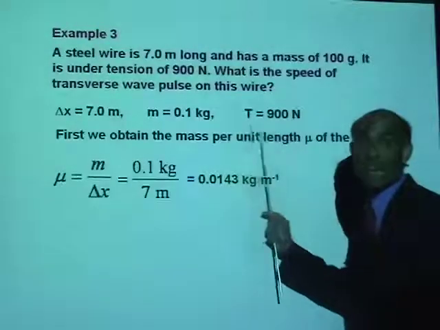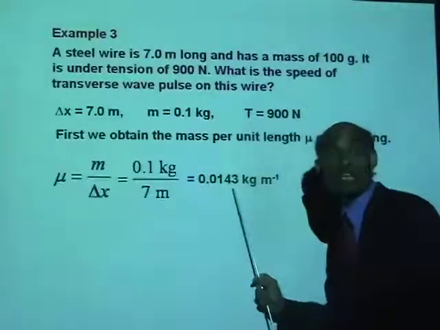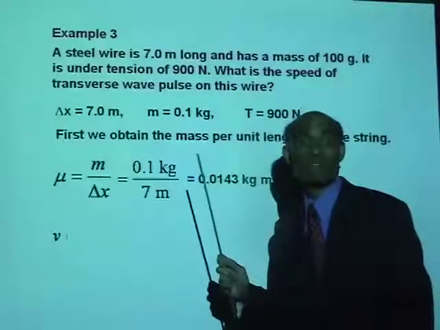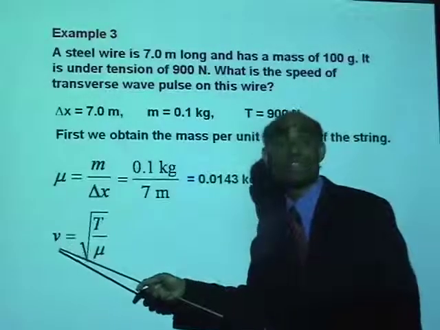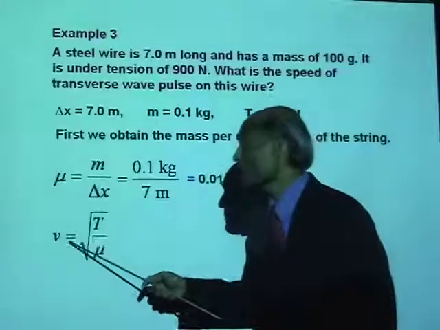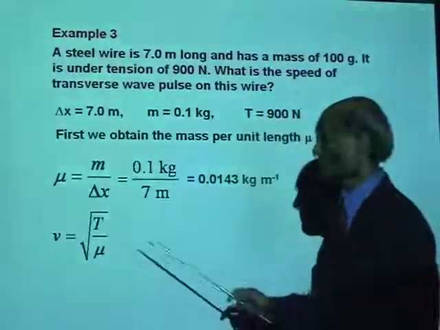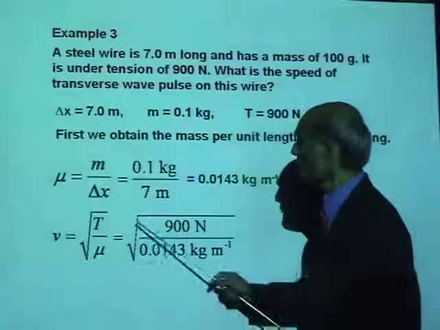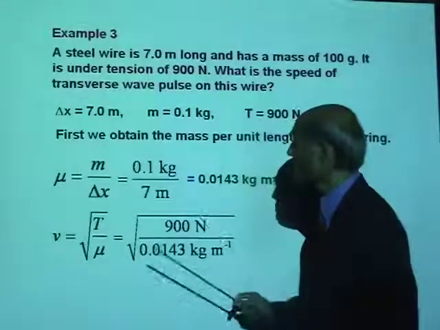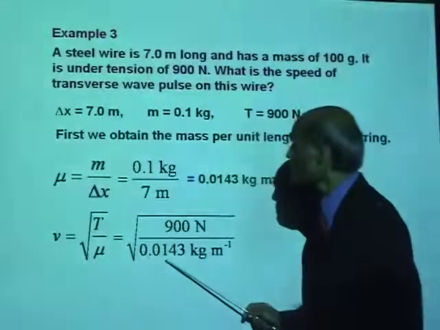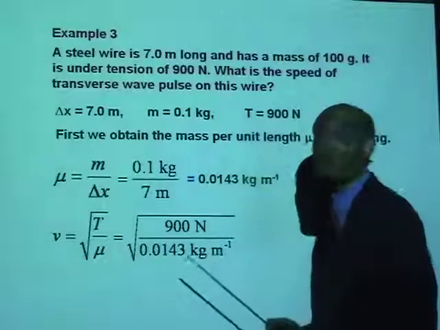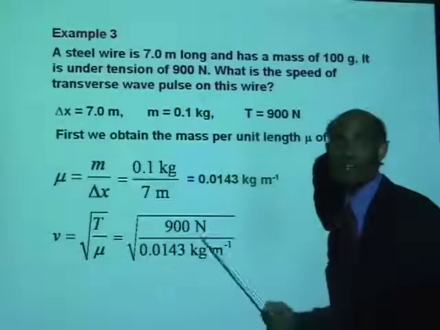We now have the tension, we have the mass per unit length, therefore speed of transverse wave on the string v equal to square root of T over mu. Let's use those values. T is 900 Newton, mu is 0.0143 kilogram per meter, and calculate that.